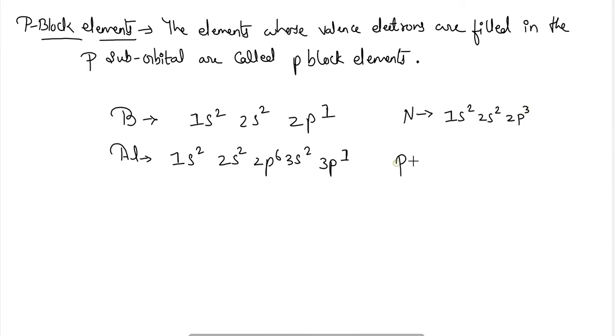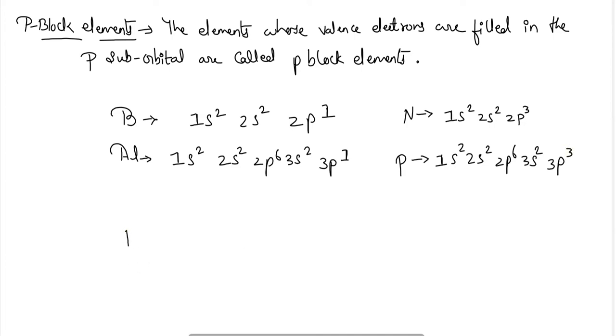For phosphorus, it will be 1s2, 2s2, 2p6, 3s2, 3p1, sorry, 3p3. So like this, you can see the examples I have taken here.